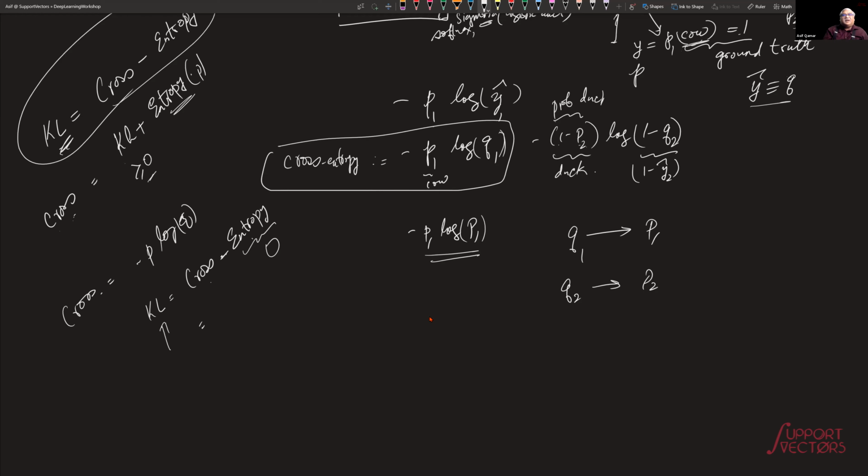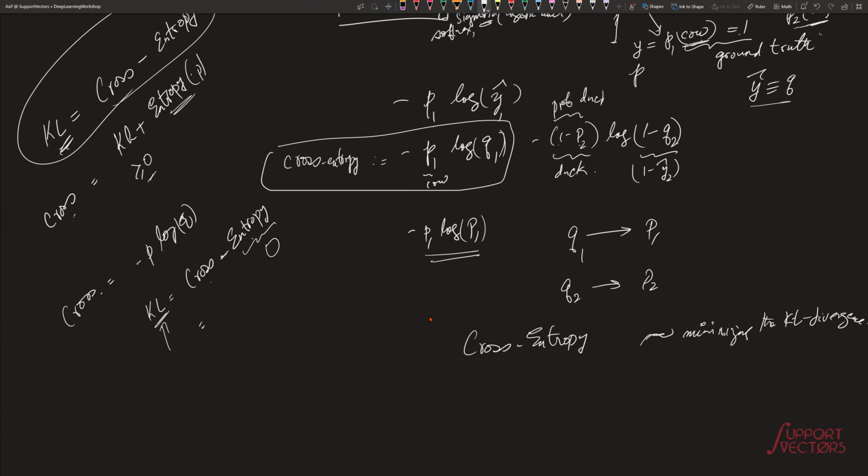If the probability of a cow is 1, what is the entropy? 0. There is no information conveyed if I tell you that a cow is a cow, right? So when you do the cross entropy in classification, it is also equivalent to minimizing the KL divergence.